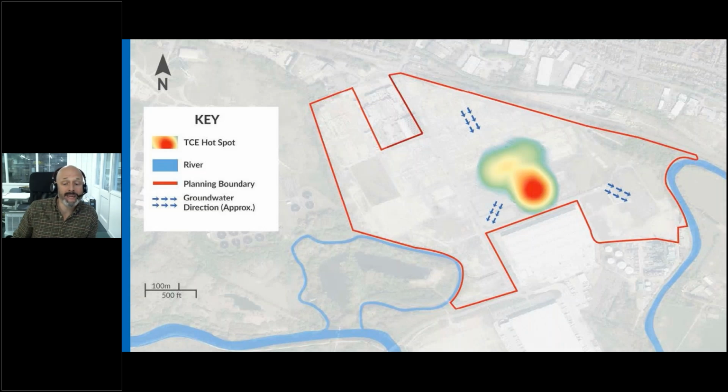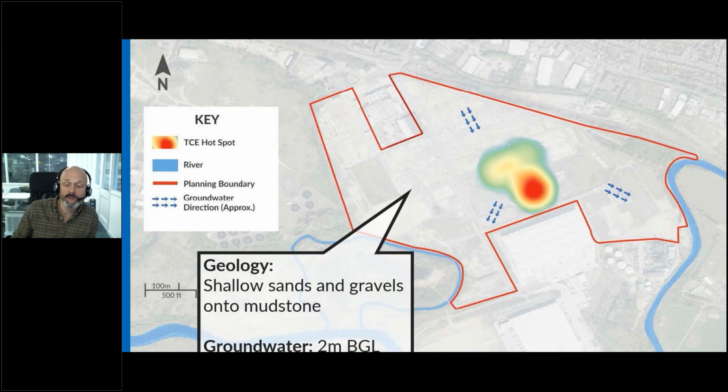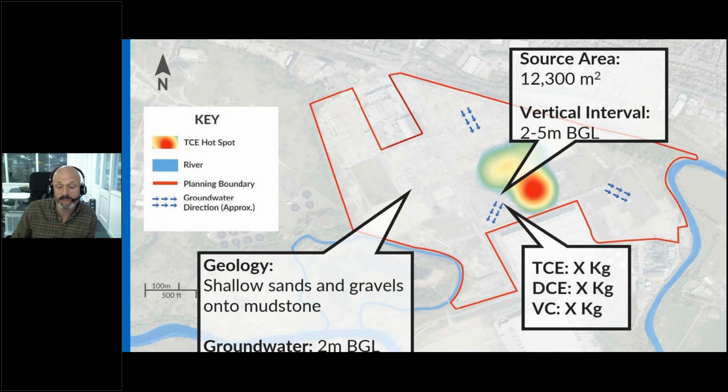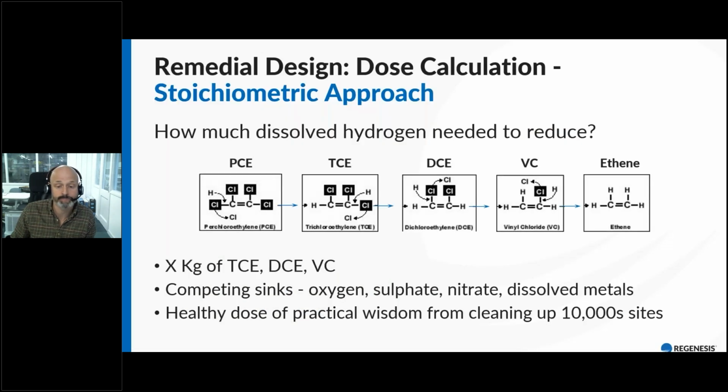So keeping with our big TCE site, the target treatment zone is well defined. We have a good idea of the geology of the site. We have good representative concentrations from across the site. So we're in a position to break up the site into zones and determine the amount of TCE, DCE, vinyl chloride mass in each of those zones.